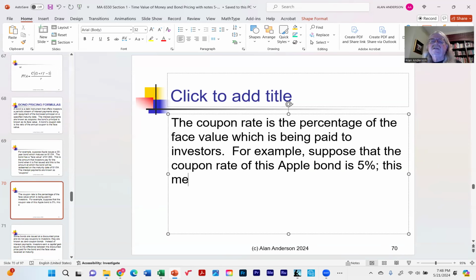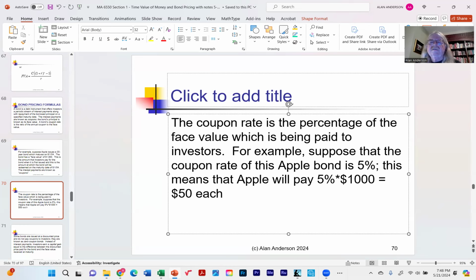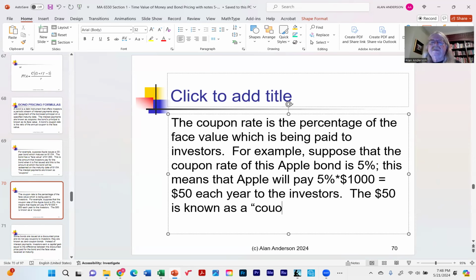This means that Apple will pay $50 each year to the investors. $50 is known as a coupon. So in other words, you're paying $1,000 today, and then for the next 30 years, you get $50 in interest, which is known as a coupon. And in 30 years, you get your $1,000 back.